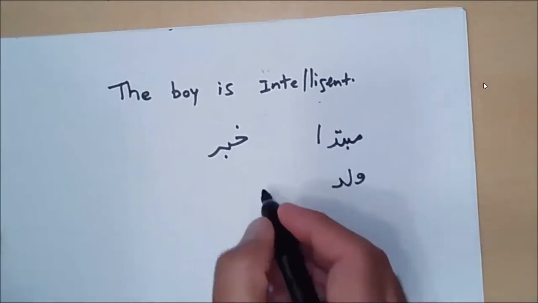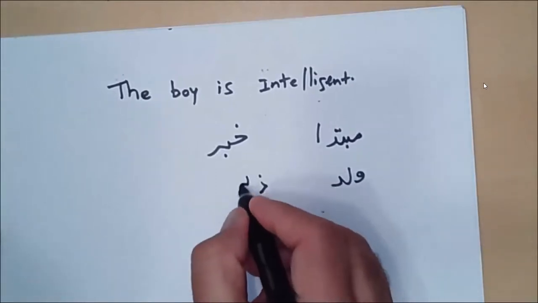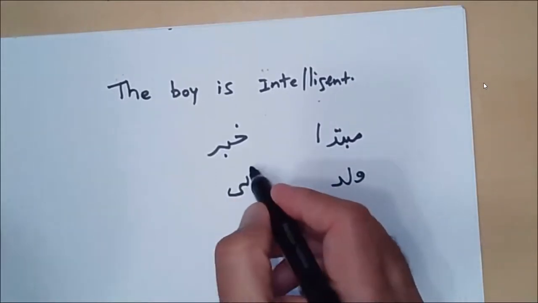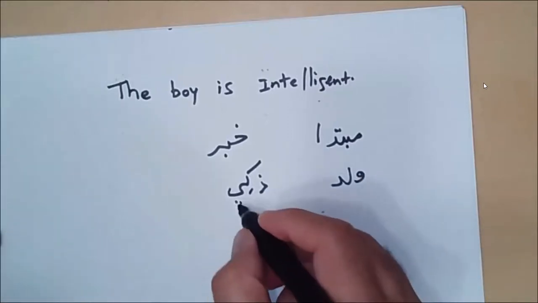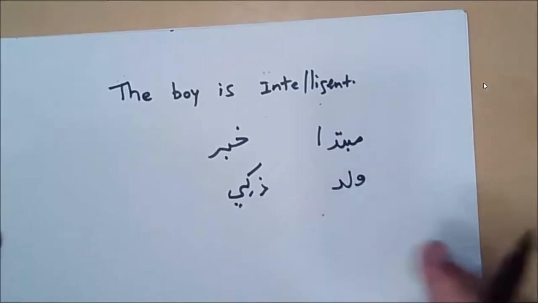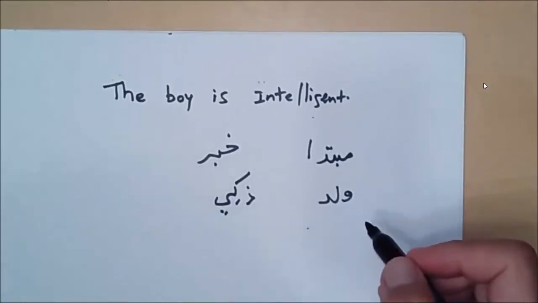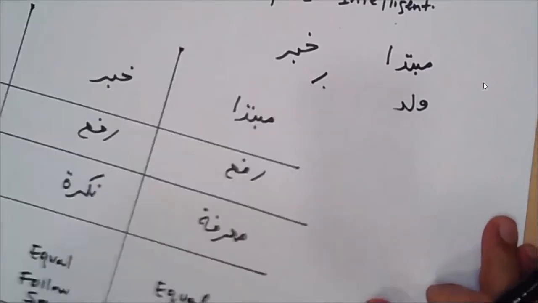Zaki. Zaki, like this, okay? The reason I didn't apply any ruling yet is because I want to do it together.